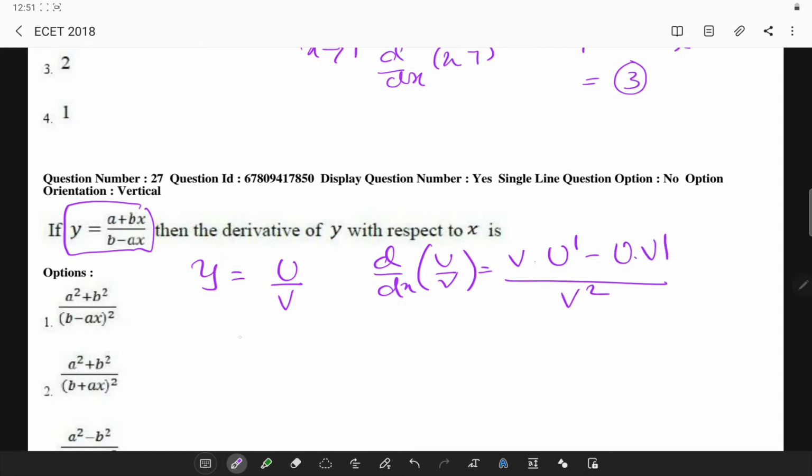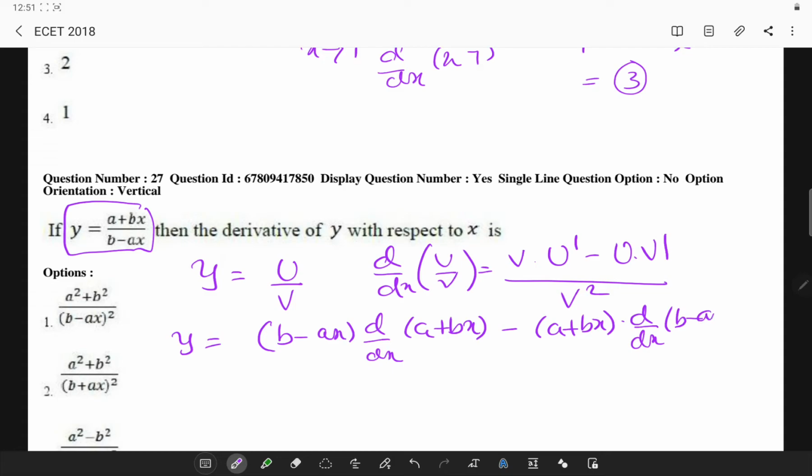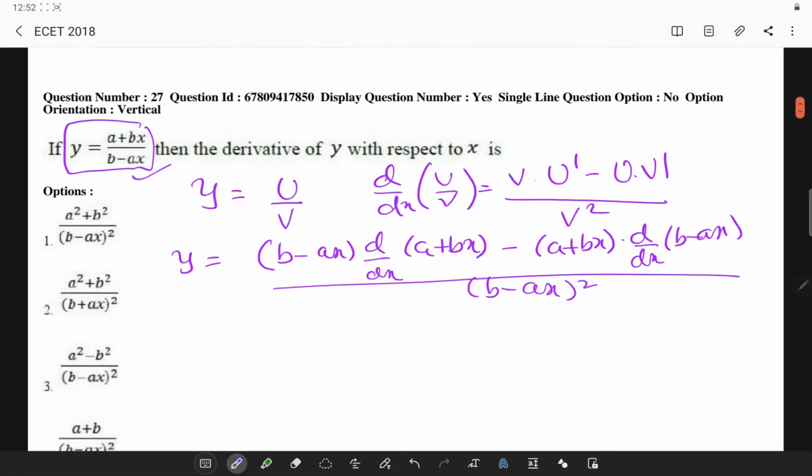So here you can write y dash is equal to (b minus ax) into d by dx of (a plus bx) minus (a plus bx) into d by dx of (b minus ax), whole divided by the denominator square, which is (b minus ax) whole square.